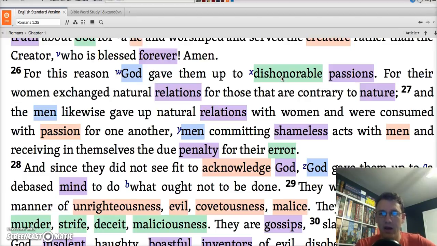The translators have decided to turn that into an English adjective. So this is just one of the ways in which you can make yourself aware of some of the different things that translators are doing behind the scenes to help you make sense of the text that may or may not be warranted, and you may need to evaluate to some extent.